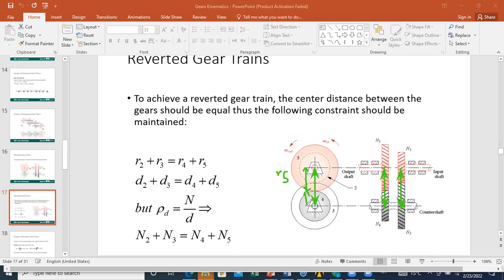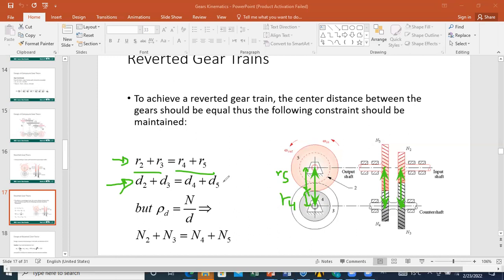Okay, so now whenever I have a reverted gear train system, when I write the design equations, one of the design equations is that R2 plus R3 should be equal to R4 plus R5. And of course, since the diameter is 2 times the radius, this formula will hold between pitch diameters. So D2 plus D3 equals D4 plus D5.